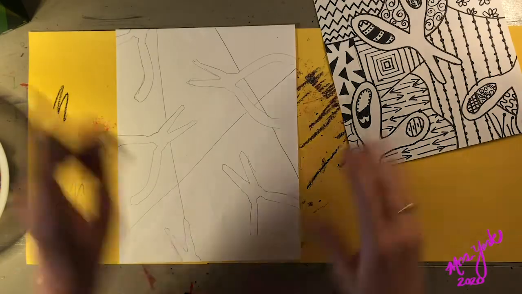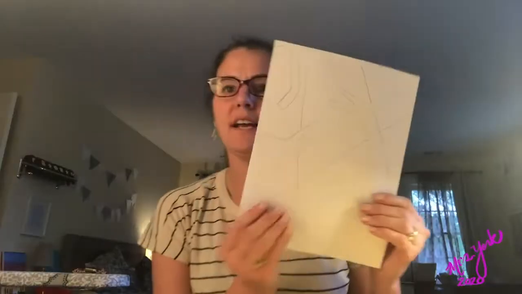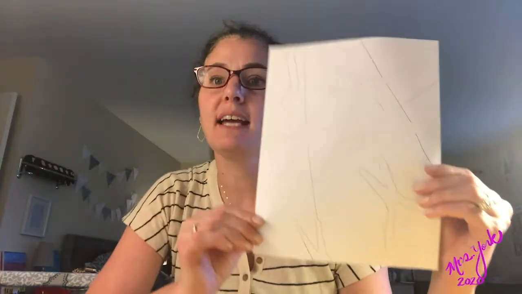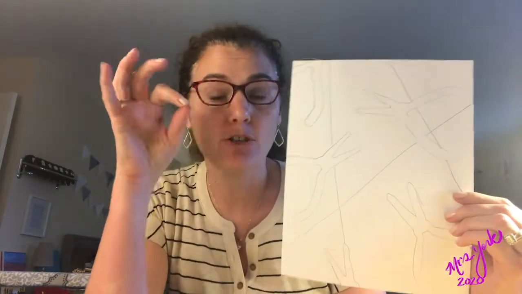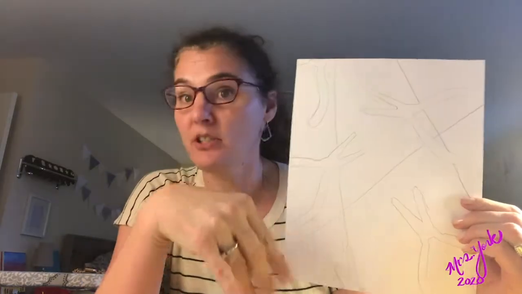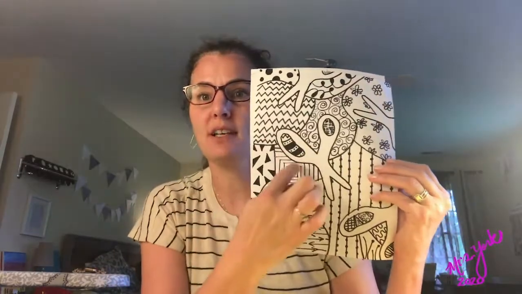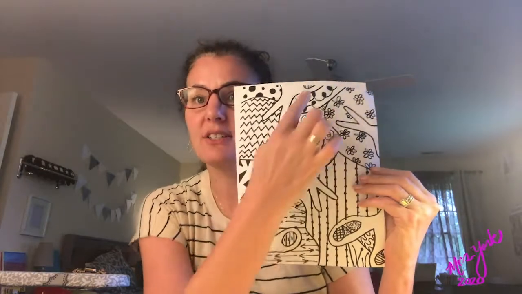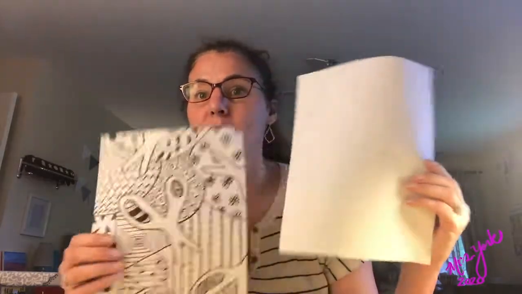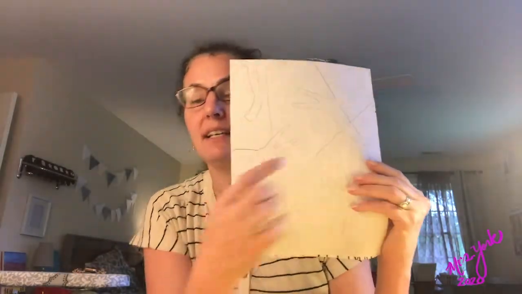Now I'm going to take a black Sharpie, or if you're using a black crayon or you are just doing it in pencil, you can leave it like that and trace. I'm going to trace the outside, leave the inside of my pliers, like my scissors, blank, and I'm going to put patterns and lines in all of the spaces that I just made here.